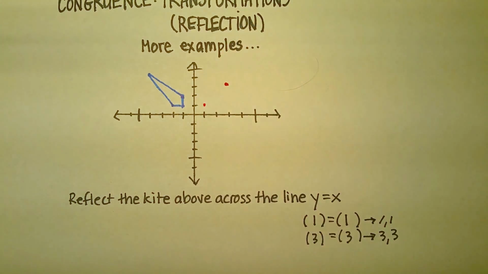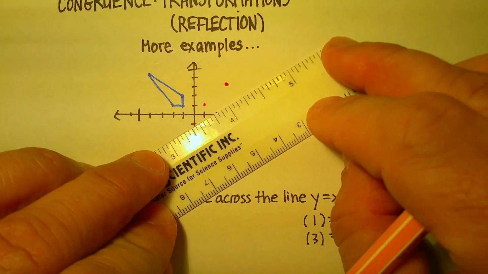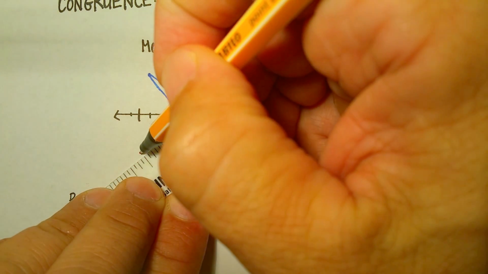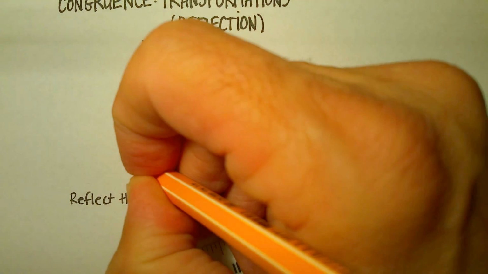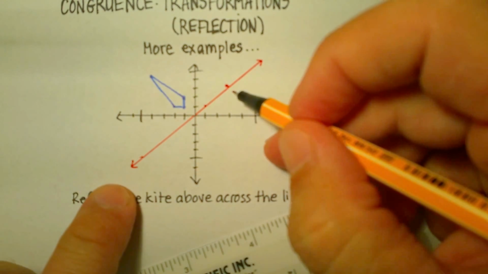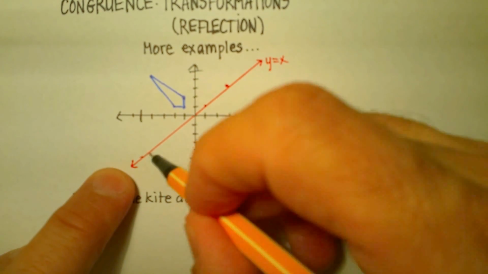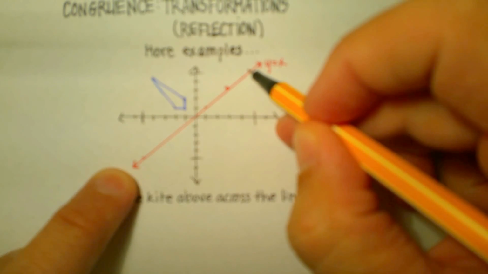Remember from your algebra, any two points produce a straight line, and in this case it produces our line of reflection. So y is equal to x is this line right here.